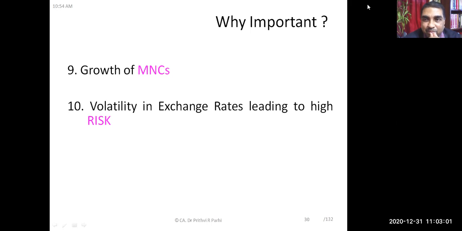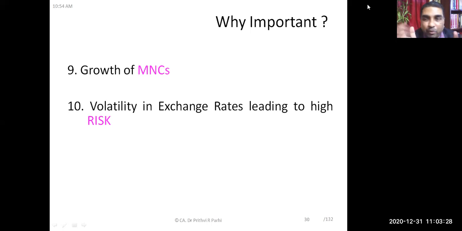And when people take more risk, they expect more return. So international market, international trade, international business always offers more return at more risk, right? And if more return is required, one needs to enter into international business.